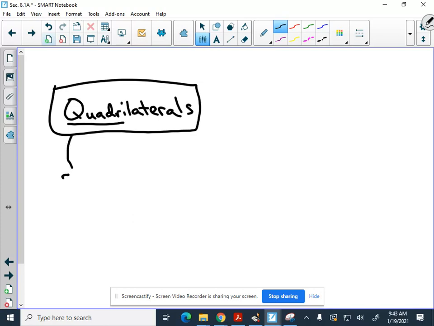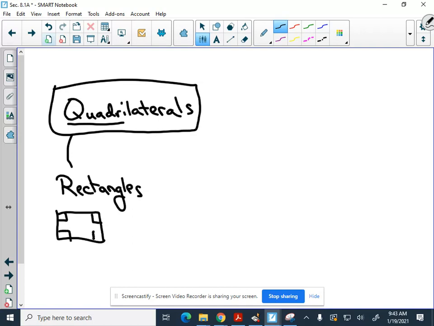For instance, some are called rectangles. Rectangles have four 90-degree angles. It's like a shoebox when you look at the top, but it has to be four 90-degree angles specifically.